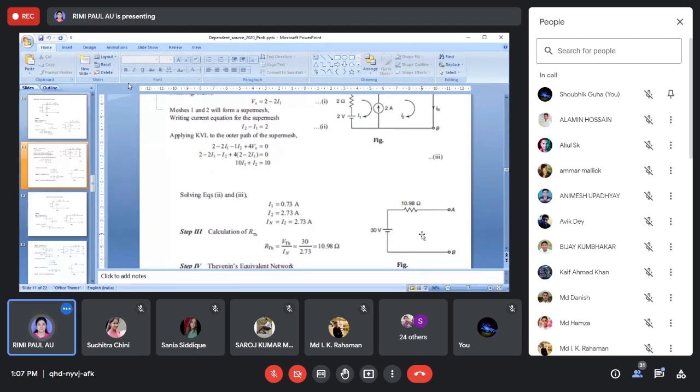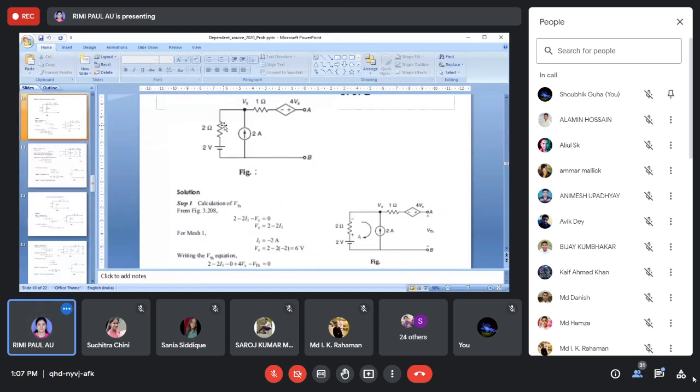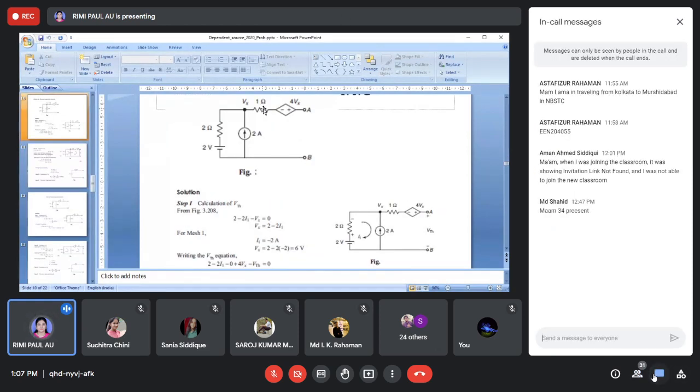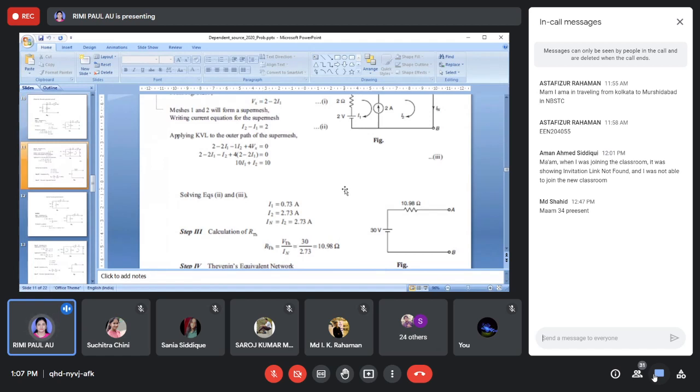Instead of this different 2 ohm, 1 ohm resistance, you can put only 10.98 ohm or 11 ohm, and then if your load resistance is, suppose, 10 ohm or 100 ohm, you can tell what would be the load current.